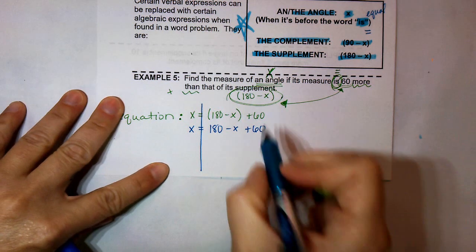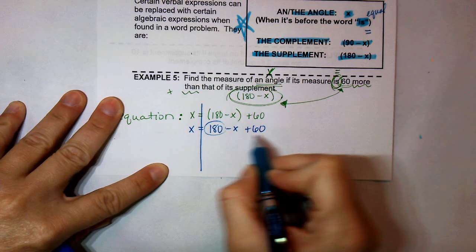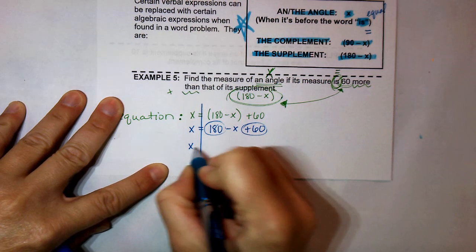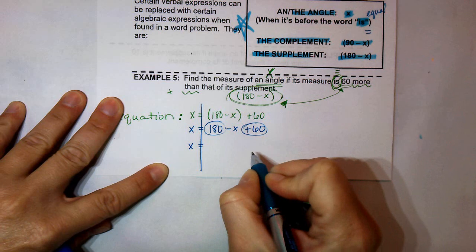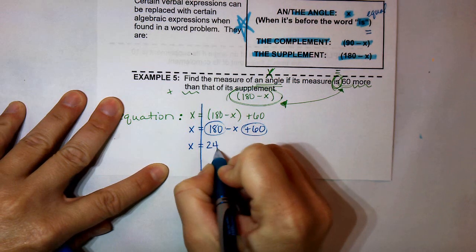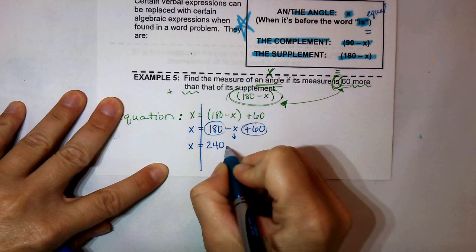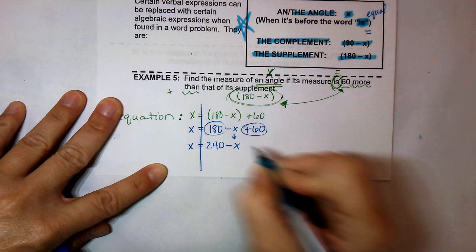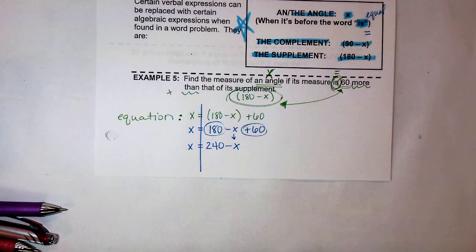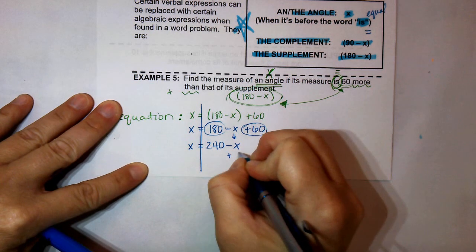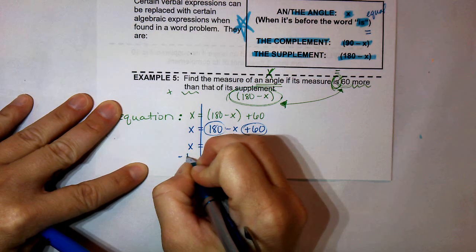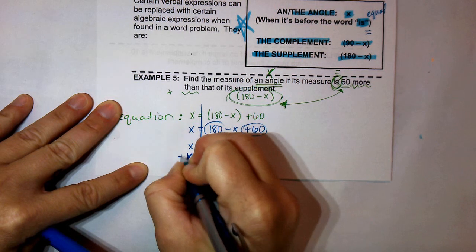Now I'm combining like terms. So 180 plus 60 is what, 240? And then I didn't use the x, so I'm going to bring that down. Now I got to put all my x's together. So add x. Oops, hold on. I'm getting a little typo.